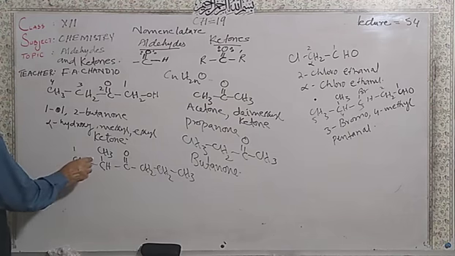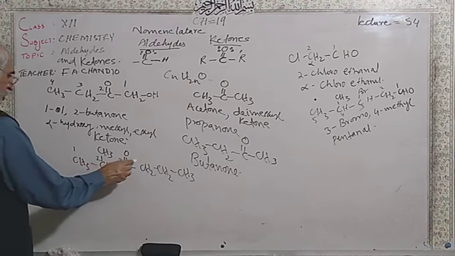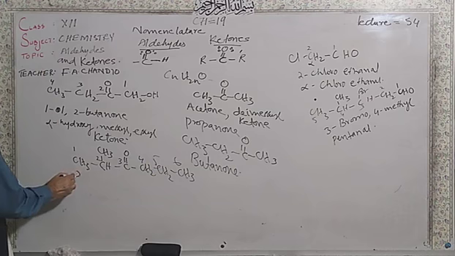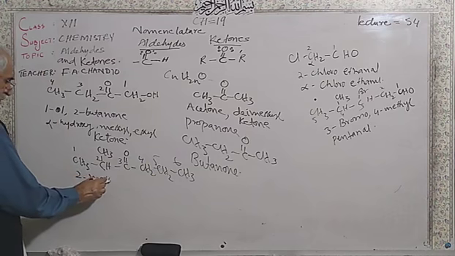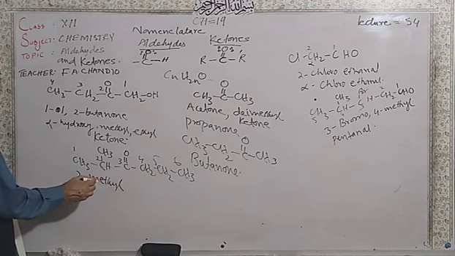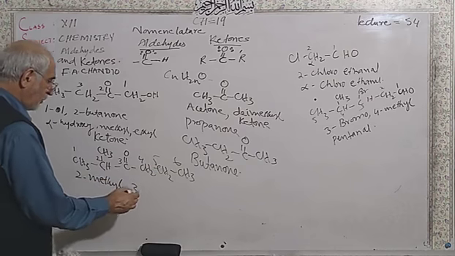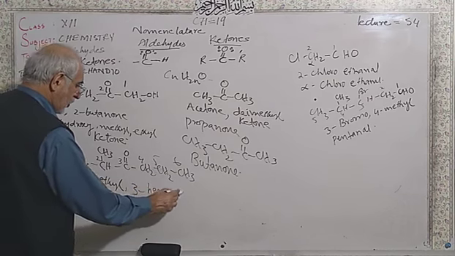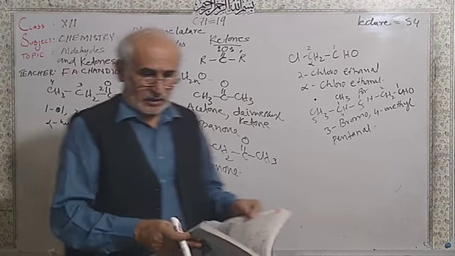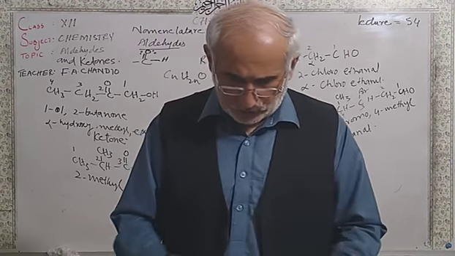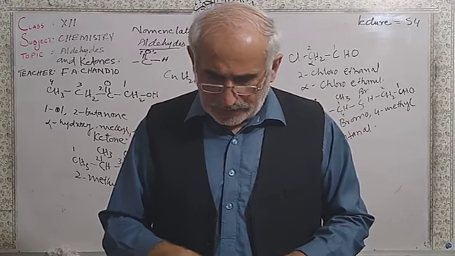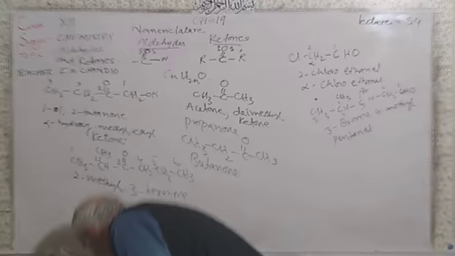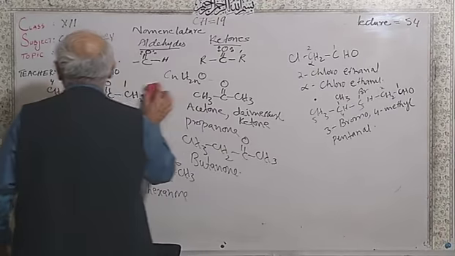This must start from this side, 1, 2, 3, 4, 5, 6. So 2-methyl 3-hexanone. 3-methyl hexanone. And there are also other names for giving the aldehydes and ketones.